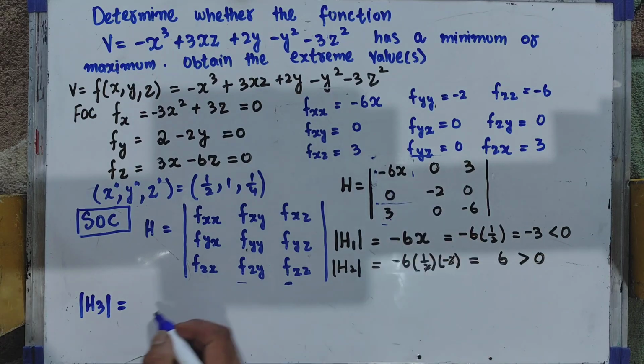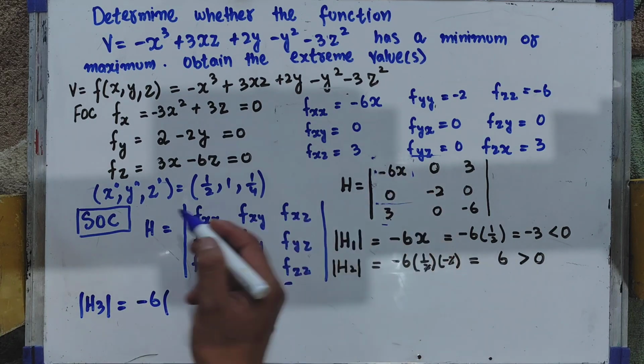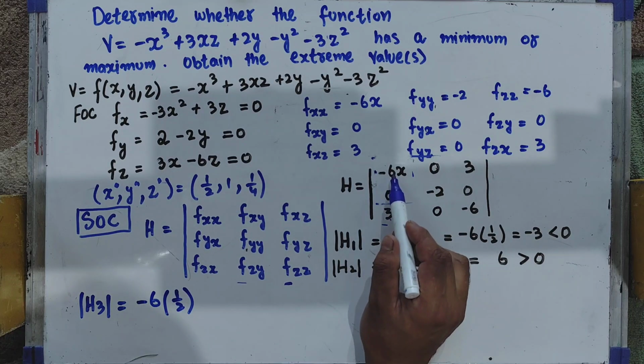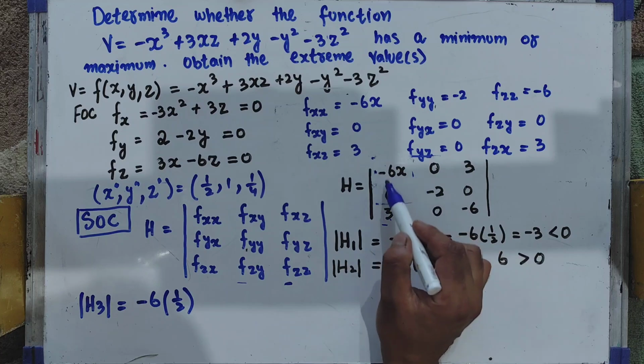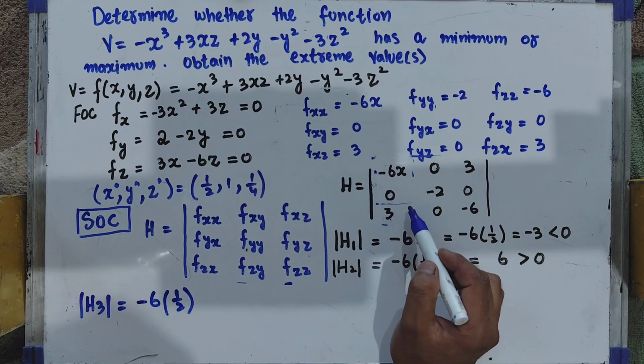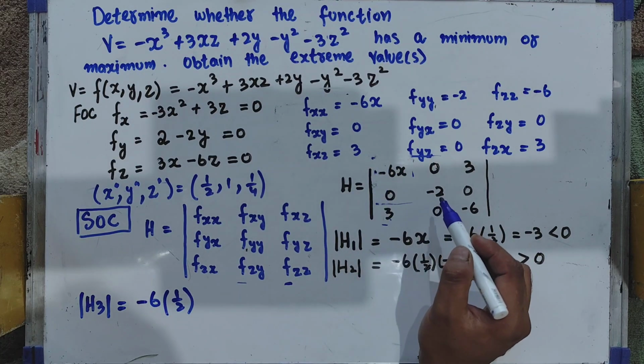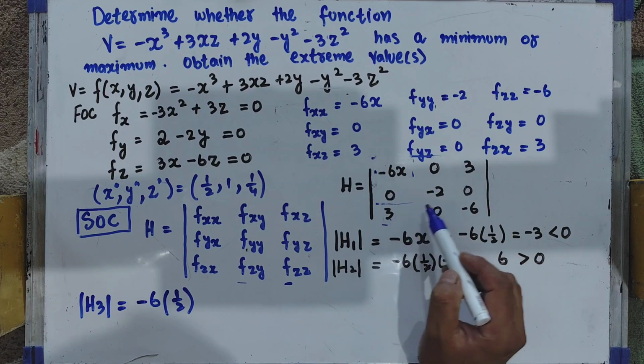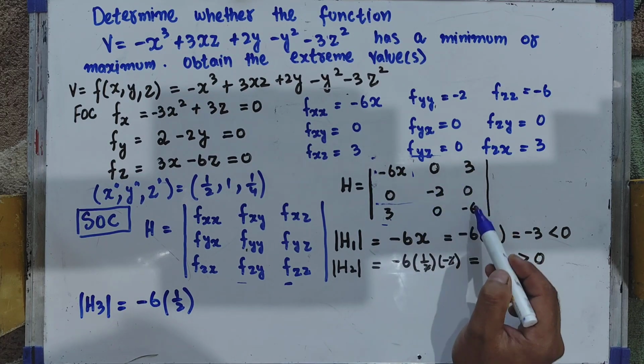We write the first element first: negative 6 times the value of x, which we know from the critical value is 1 upon 2. Then we mentally delete the row and the column in which it appears and multiply this 6x with the determinant of the remaining elements. If I delete this row and this column, we are left with this 2 by 2 matrix.